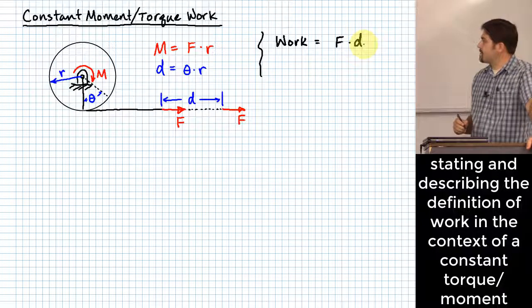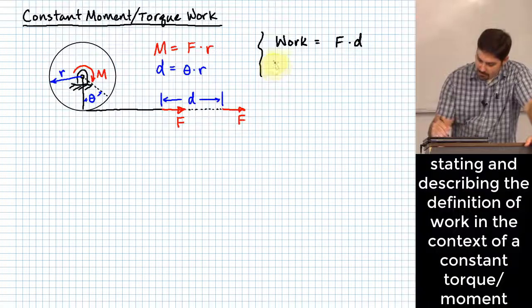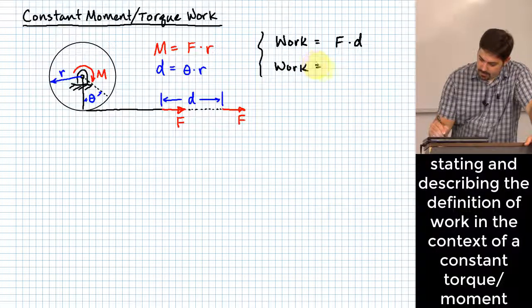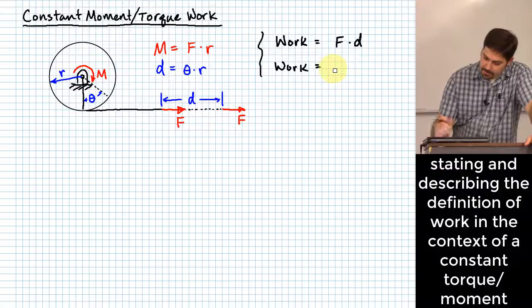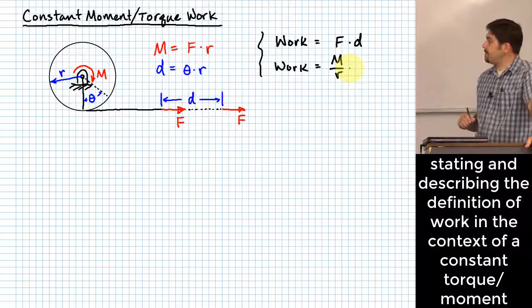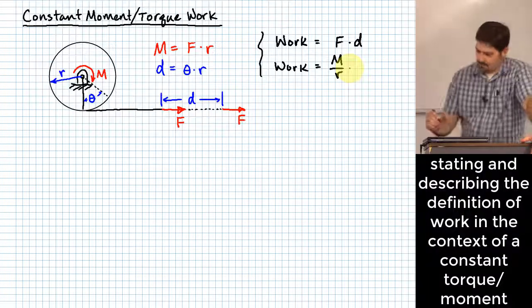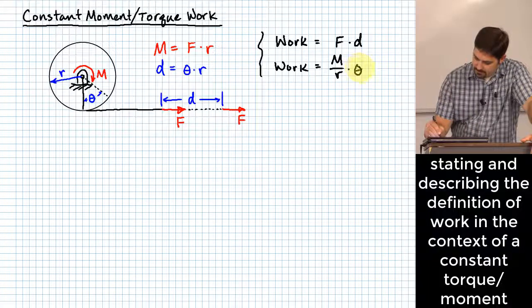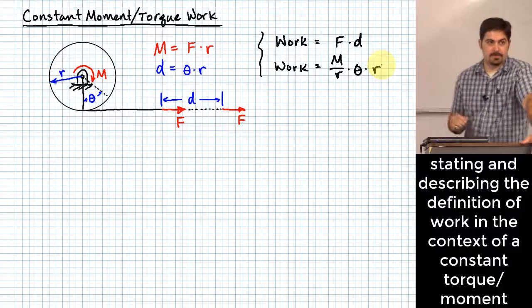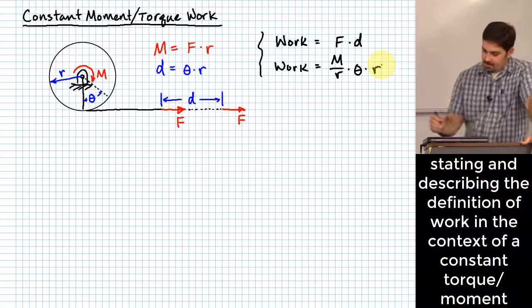Okay, well, let's actually do some substitutions here. So work is equal to F, not F, let's substitute in for F. Let's substitute in M over R. Okay, and what about D? Theta times R, right? Those R's are the same.